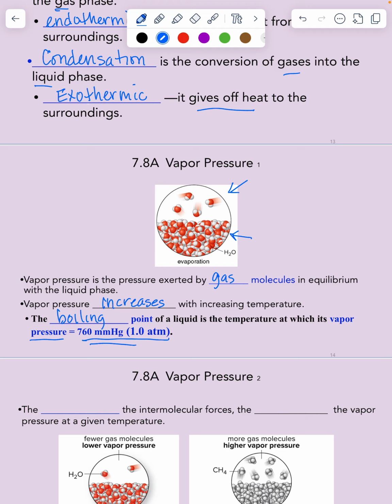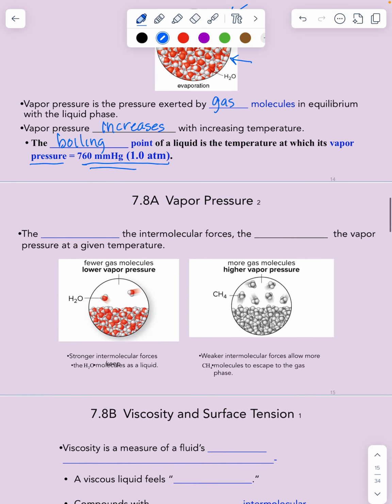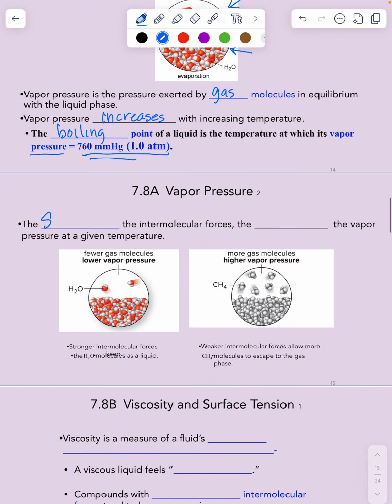And so in order for something to boil, it has to overcome the standard pressure, or the pressure wherever the liquid is. Let's go on and look a little more at vapor pressure. It says the stronger the intermolecular force is, the lower the vapor pressure at a given temperature.